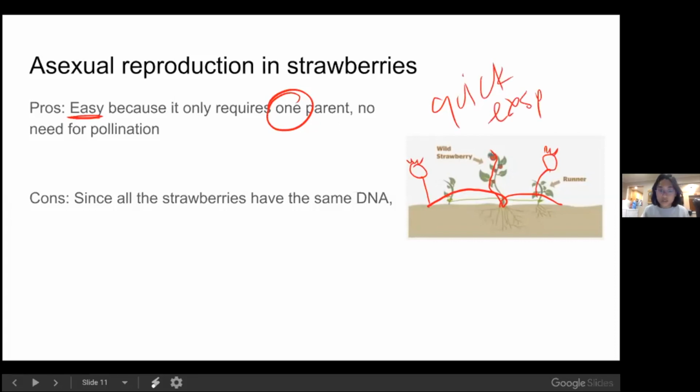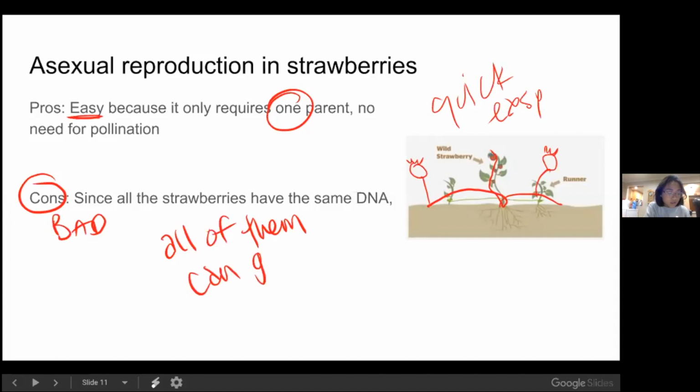Now that's a pro. But a con, or a bad thing, is that since all the strawberries have the same DNA, there is a possibility that all of them can go wrong. So if this strawberry catches a disease, since these strawberries have the same DNA, it's very likely that they'll also catch that same disease.